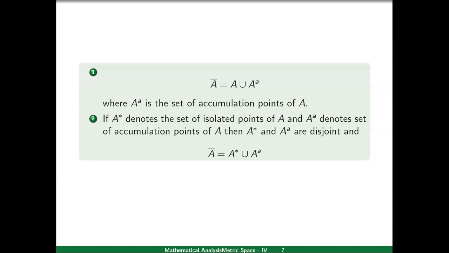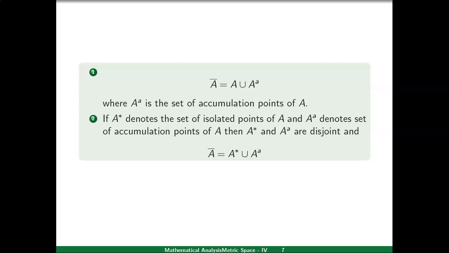Number 2. If A star denotes the set of isolated points of A and A dash denotes the set of accumulation points of A, then A star and A dash are always disjoint. Why are they disjoint? This is very clear from the definitions of isolated point and accumulation point.